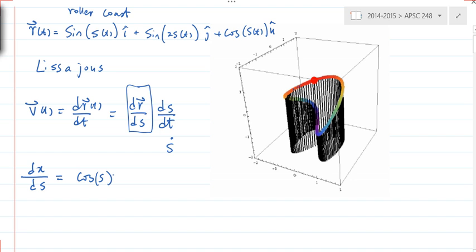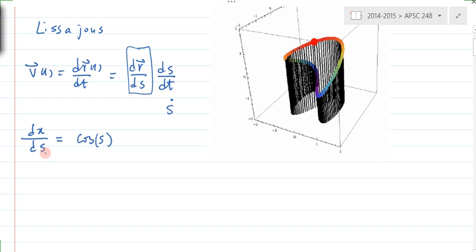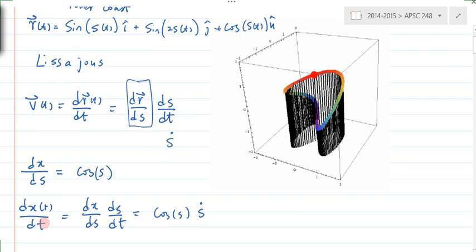Technically, I can also write this dx over dt as dx over ds times ds over dt, more specifically. So that equals cosine s times s dot. We leave s dot as it is. So that's dx over dt.